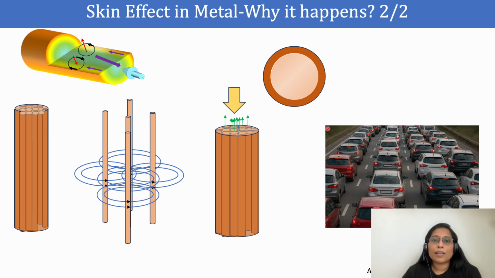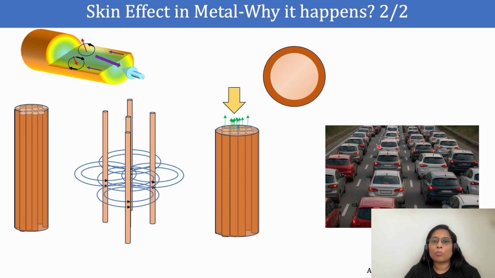So we can understand this better by considering lots of cars in a traffic analogy. Here you can see that these cars can be considered as inner conductors, and these cars can be considered as outer conductors. If these inner conductors have to move, or have to make some decision, they have to take consideration of the cars on this side and cars on the other side.